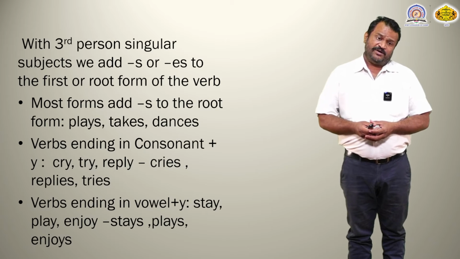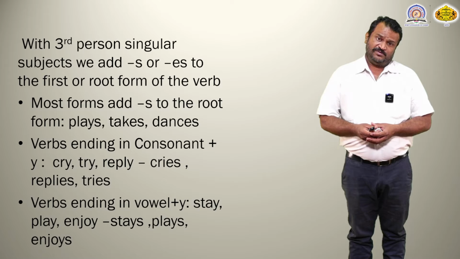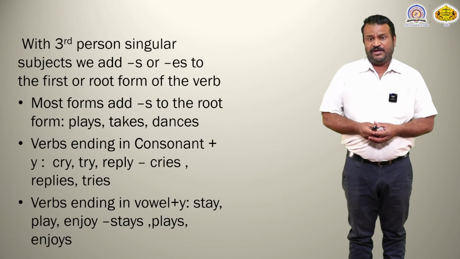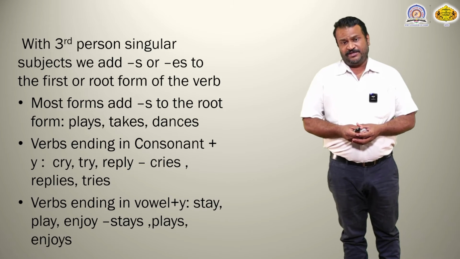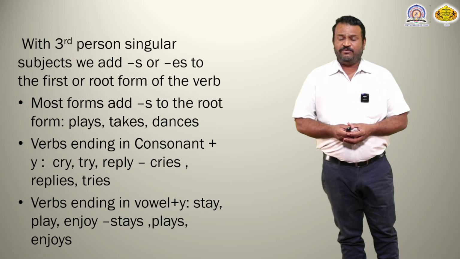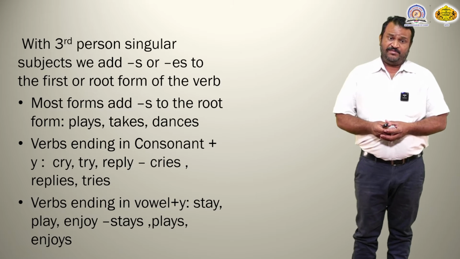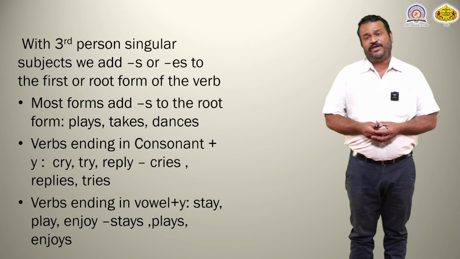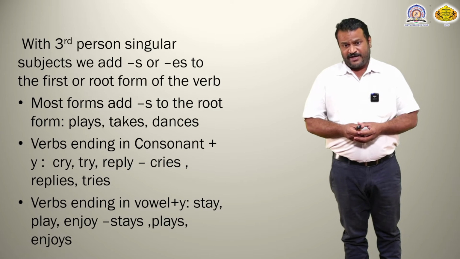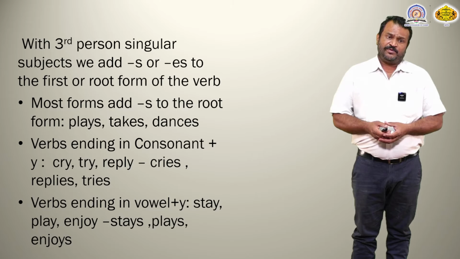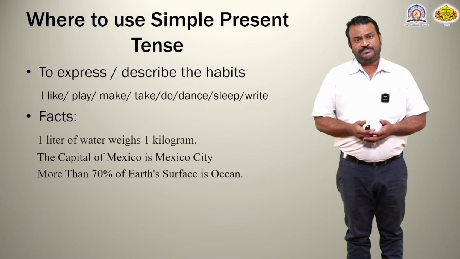And enjoy becomes enjoys. Ay and oy is there in the verb, just add s. And if there is no ay or oy, for example, cry, reply, we remove that y and add ies. So this is the rule.